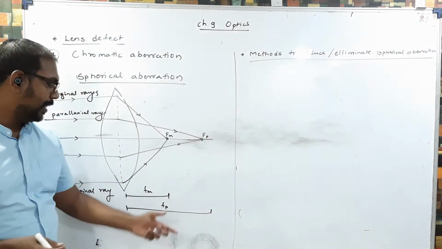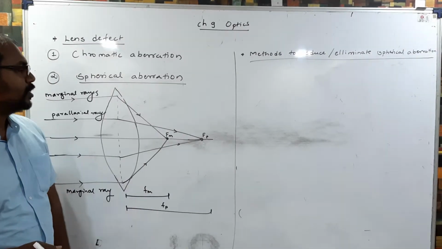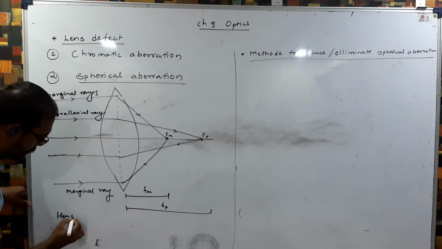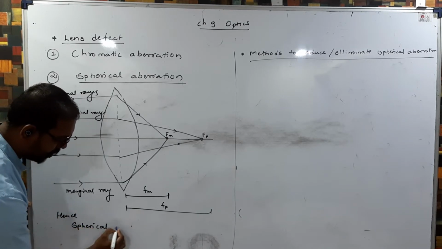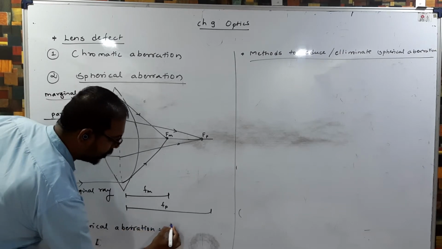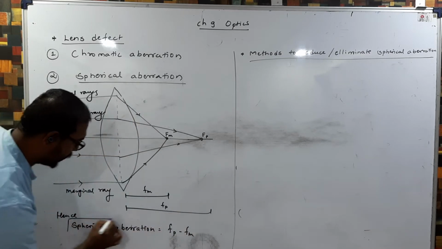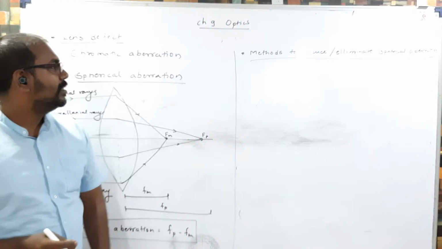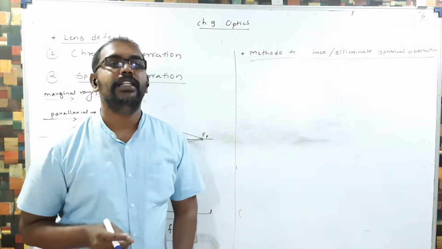We can calculate spherical aberration by taking the difference between these. Spherical aberration is equal to FP minus FM. Now the question is how we can minimize or eliminate this spherical aberration.